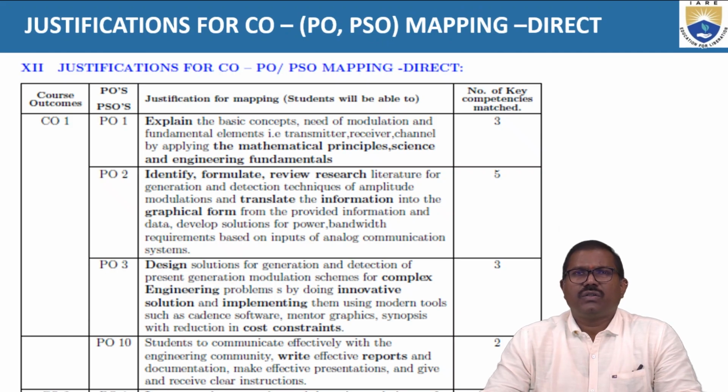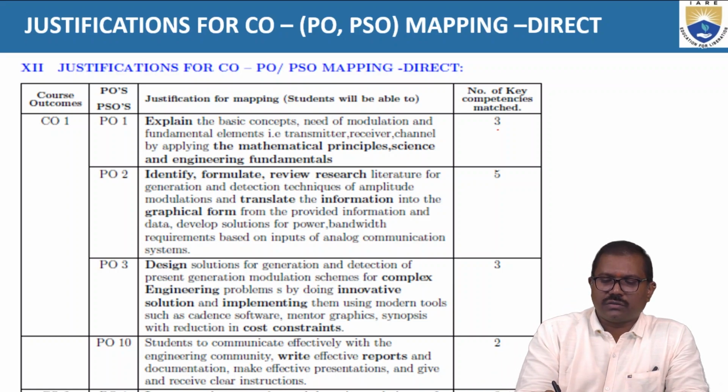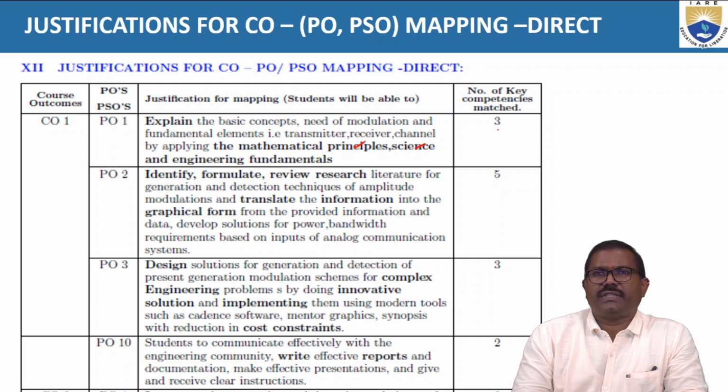Here we can see how the justification is written when mapping CO1 to POs and PSOs. First, CO1 is mapped with PO1, PO2, PO3, and PO10. Here, 3 key components are used for PO1: mathematical principles and science and engineering fundamentals.